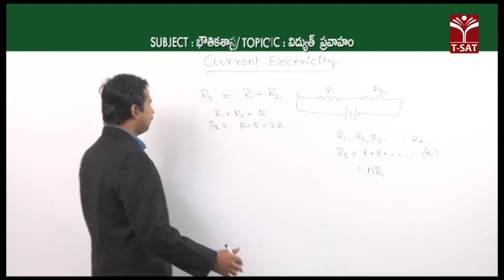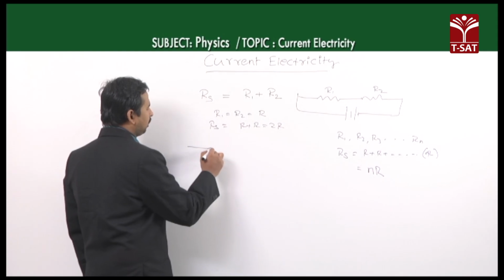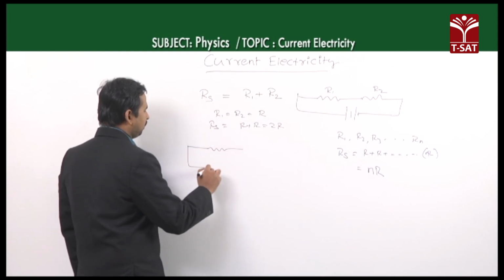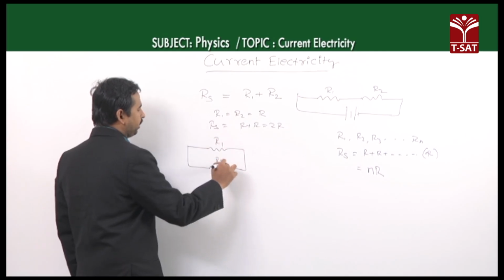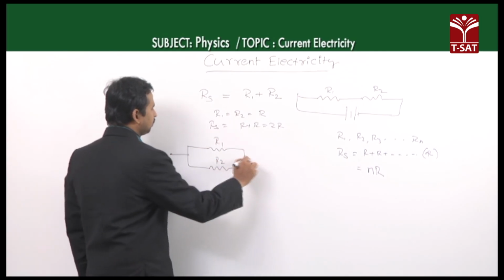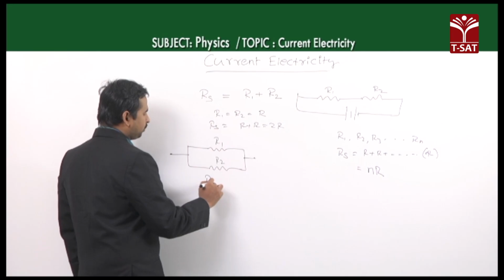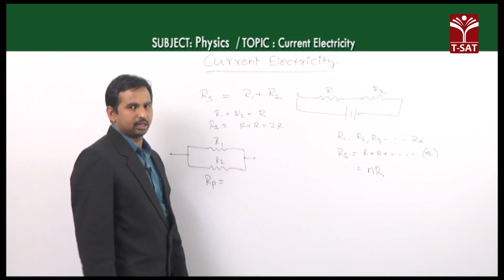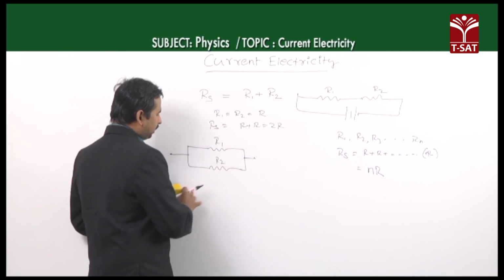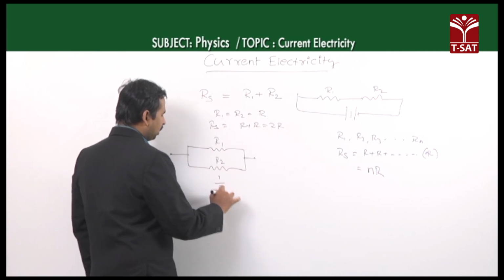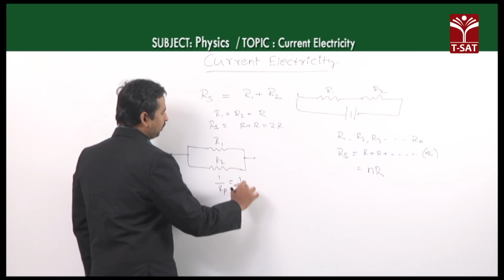In the same way, we already discussed that if two resistances R1 and R2 are connected in parallel, we got 1 by Rp is equal to 1 by R1 plus 1 by R2.